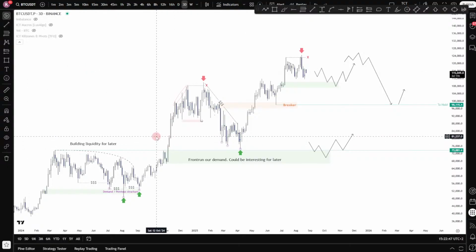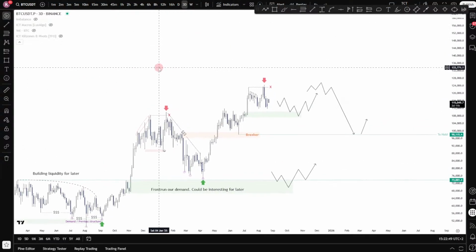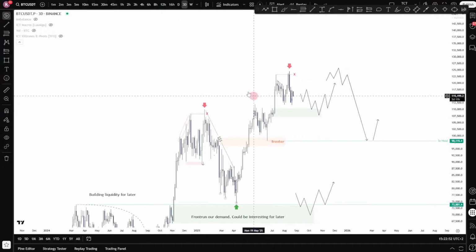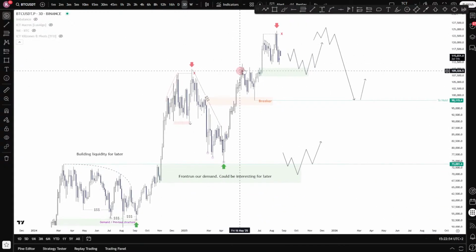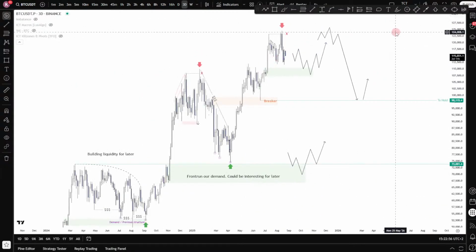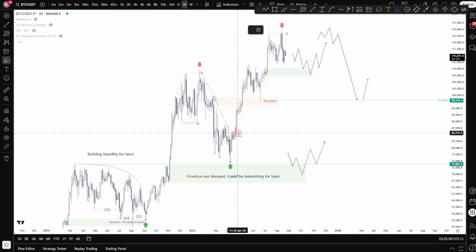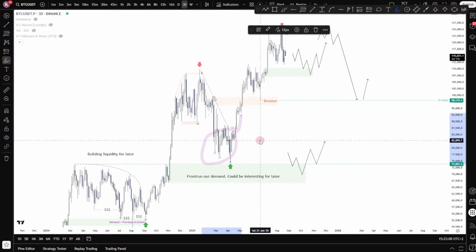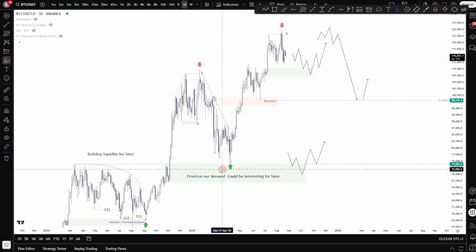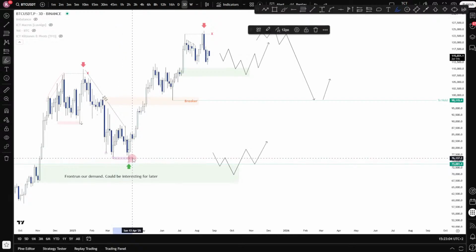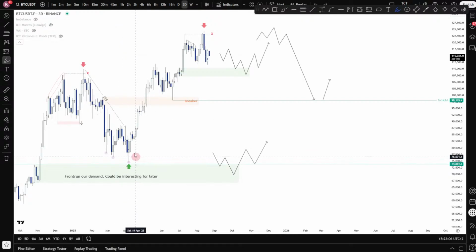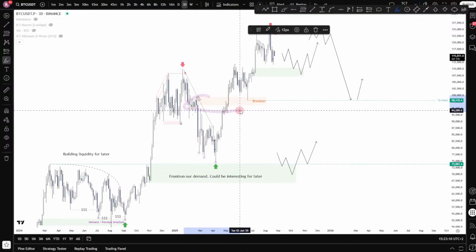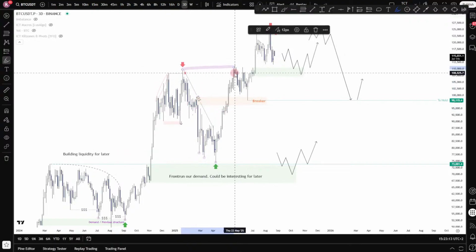Alright, Bitcoin. What has been happening to Bitcoin? Of course, we've absolutely smashed towards all-time highs. Since the last time I've been uploading and streaming, we were all recording right here. And that's also when I said, when we do have that third tap here, you want to look aggressive for longs towards this area and also your all-time high.